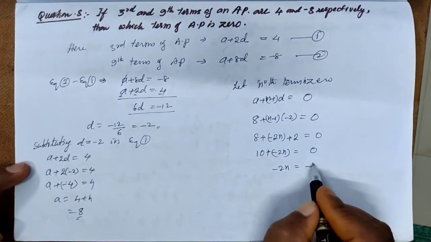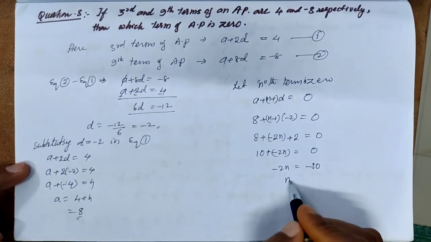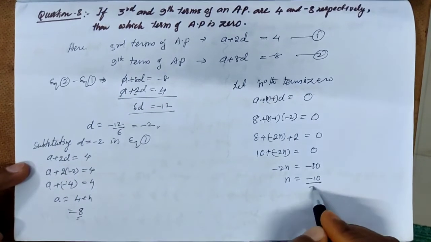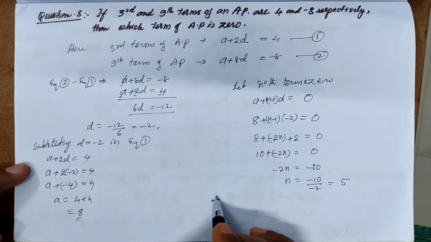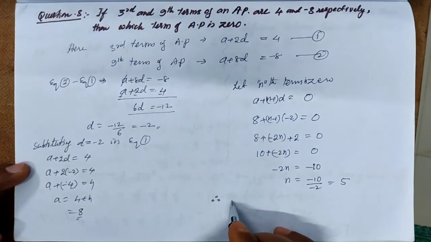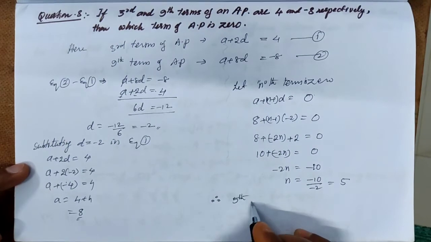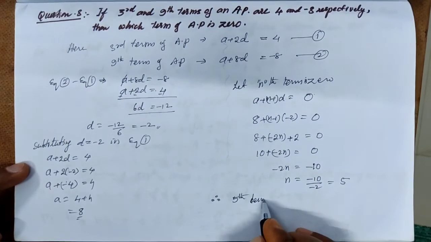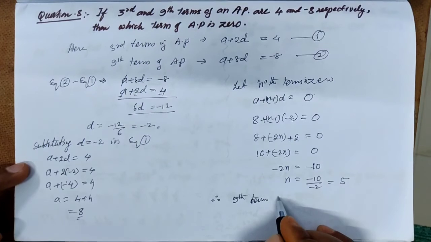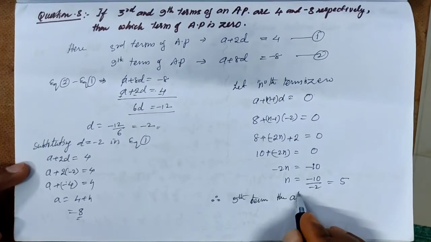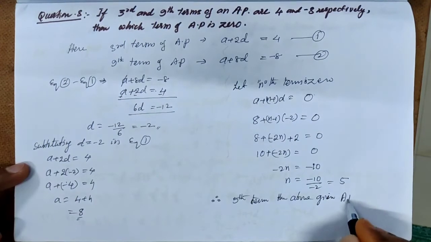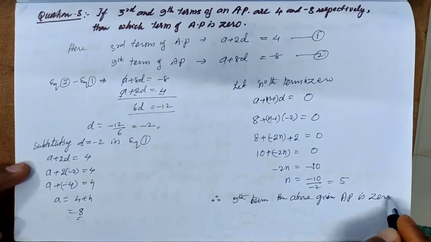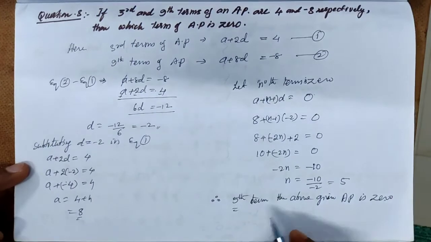Minus 2n is equal to minus 10, and n is equal to minus 10 by minus 2, which is 5. So therefore, the fifth term of the given AP is 0. So the fifth term is 0.